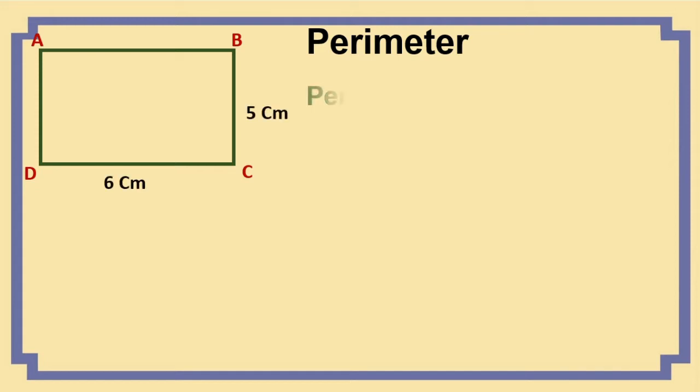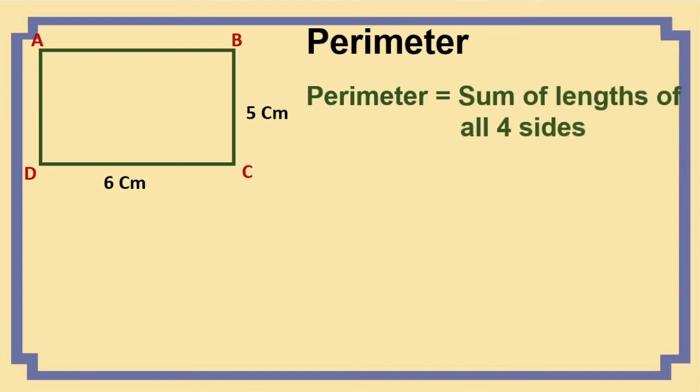Okay, perimeter is equal to the sum of lengths of all four sides. Because this is a rectangle, it has four sides. So here we have written sum of lengths of all four sides.